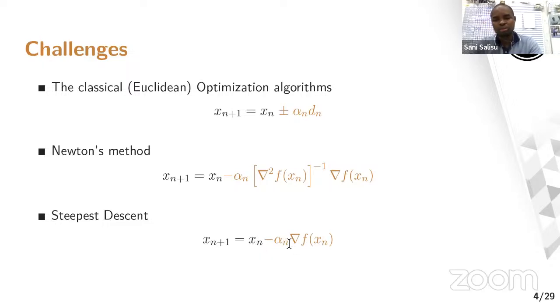Once it is differentiable, you can obtain the minimizer. You can see the general format remains. You are adding a particular step size, which is alpha_n, and then a certain direction. For steepest descent, the direction is minus the gradient of f, and then we have alpha_n. This really helps in reaching the optimizer.